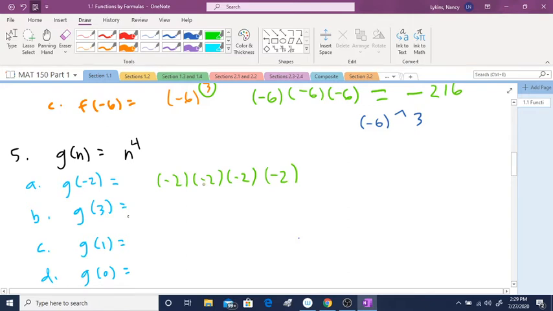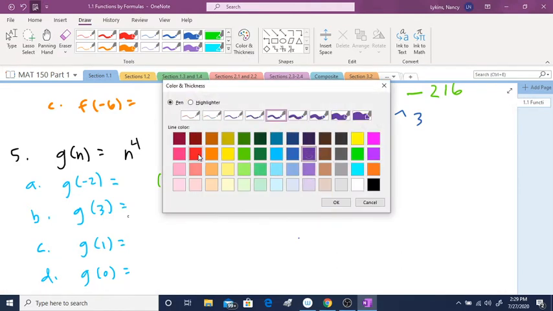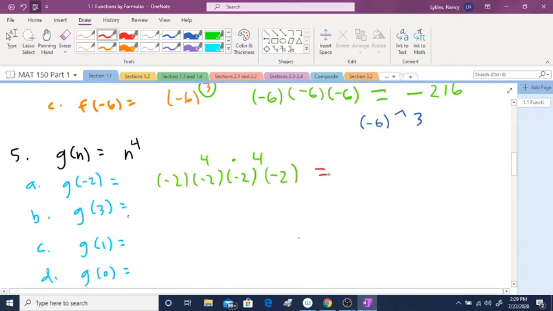So what's negative 2 times negative 2? It's positive 4. What's negative 2 times negative 2? Positive 4. And then 4 times 4 is 16. So notice my rule: if the base is negative, on an even exponent your answer is positive.